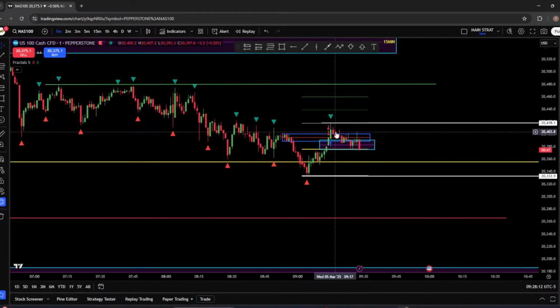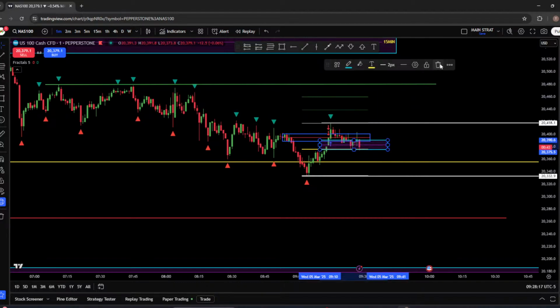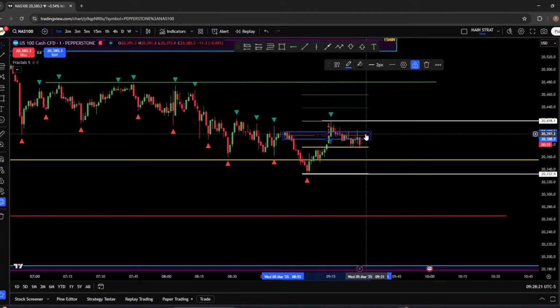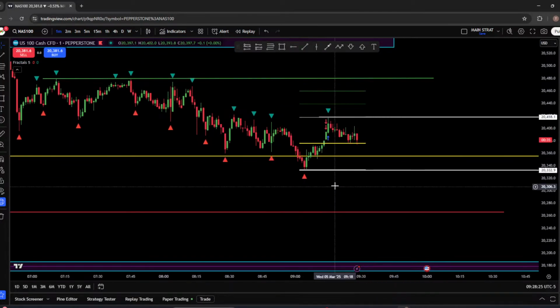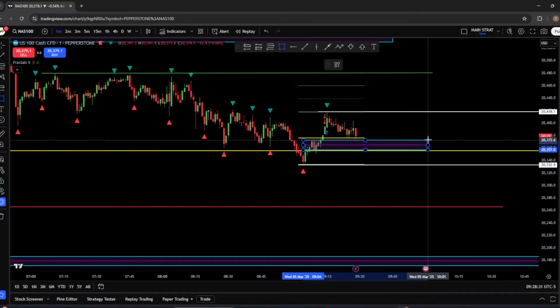This break of structure is a little bit significant to me. We're not showing signs of it wanting to go higher. Let's look here. We do have an order block here.